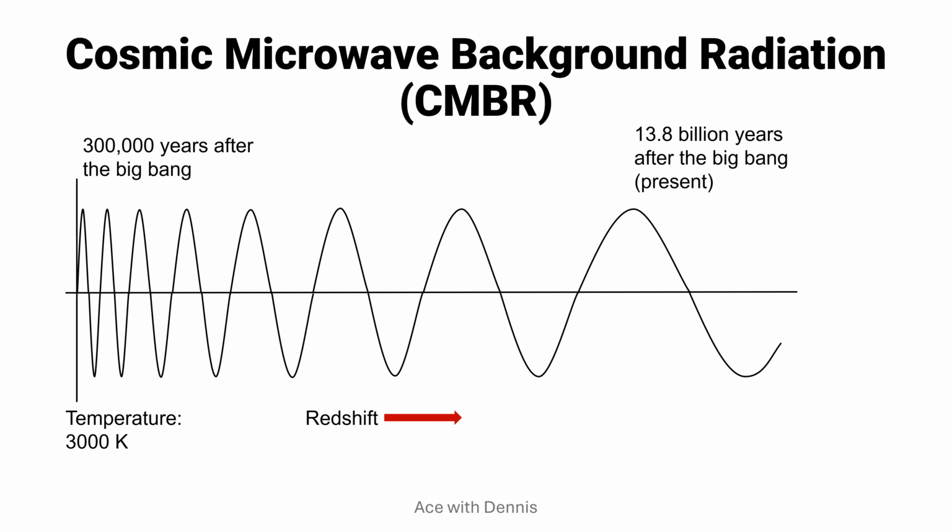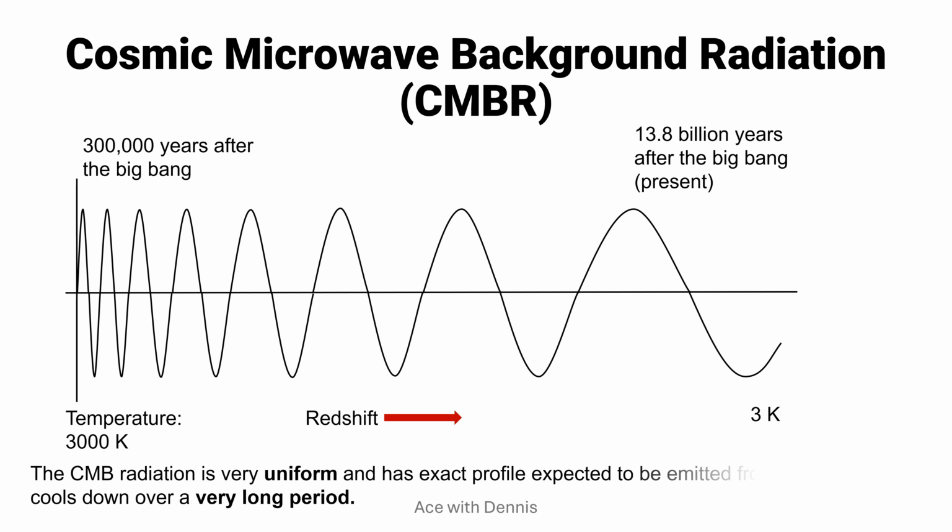At the beginning, the temperature is also very high, and till present, the temperature is very low. The CMBR is very uniform and has the exact profile expected to be emitted from a hot body that cools down over a very long period.